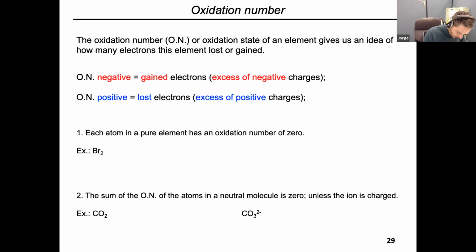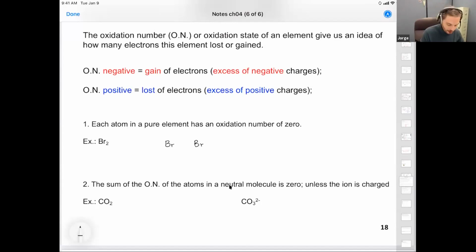So when you have bromine bonded to bromine, there is a sharing of electrons. Okay, so bromine bonded to bromine, they are sharing one pair of electrons, and I'm going to represent each electron by a dot.